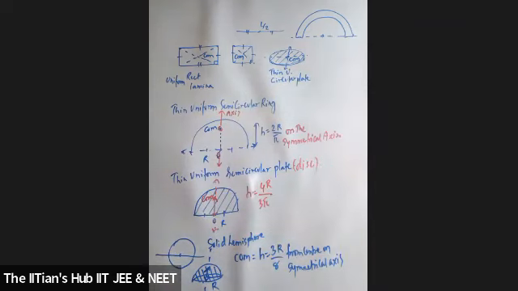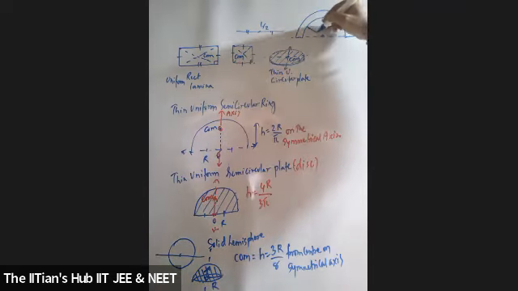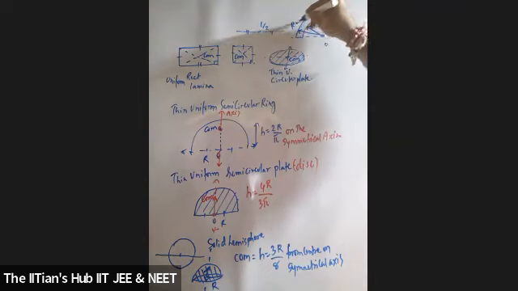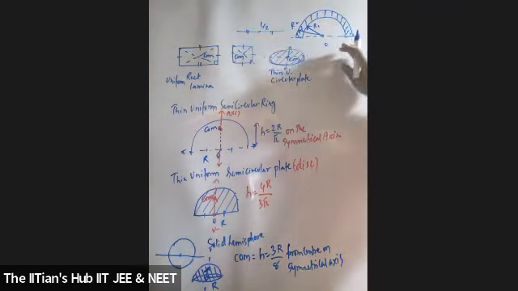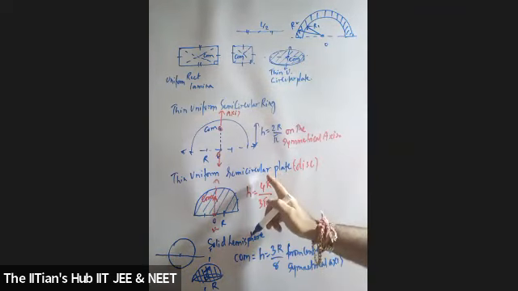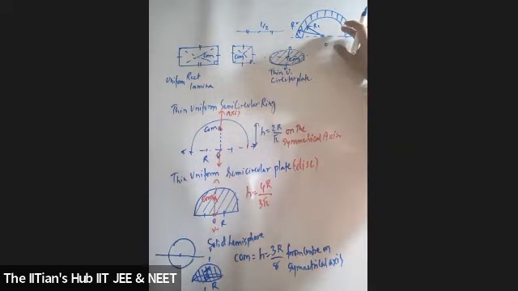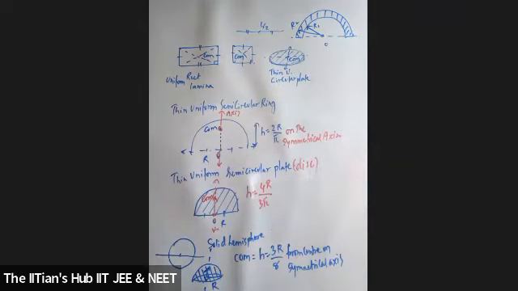Let us say the inner radius I consider will be equal to R1 and the outer I'll consider will be R2. ये मैं लेता हूँ, ये center है, इसको मैंने R1 ले लिया है और इसको R2 ले लिया है, and this is what your semicircular. Students, this is a semicircular, not even a plate, not even a ring. This is semicircular annular plate.